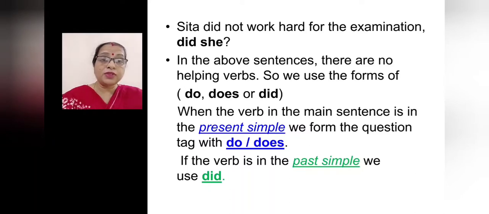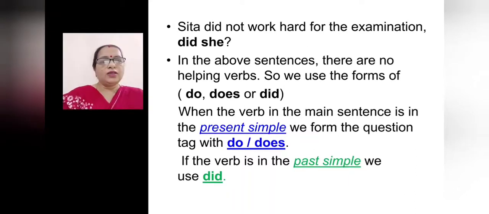And have verbs, that is have, has, or had, show the perfect tense. Now suppose I say she has gone, it tells you the perfect tense. Then we have the forms of do, that is do, does, and did. Now these are used in simple past or simple present tense.